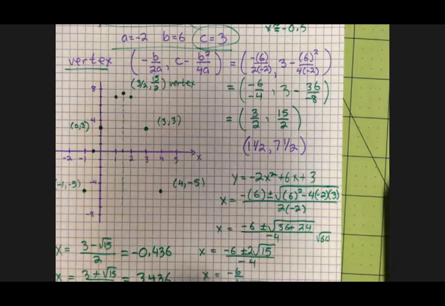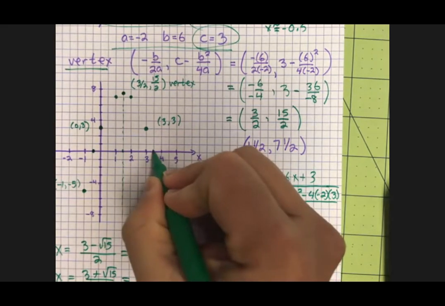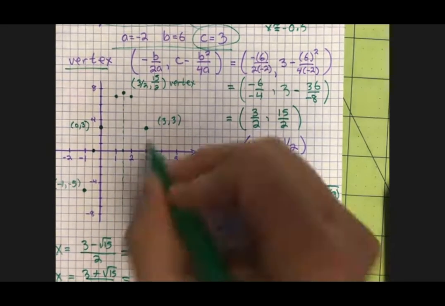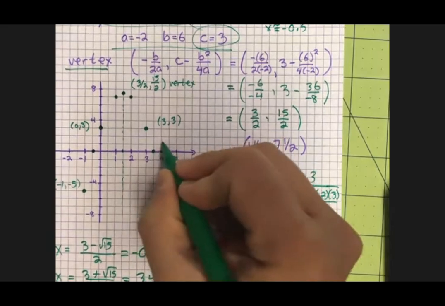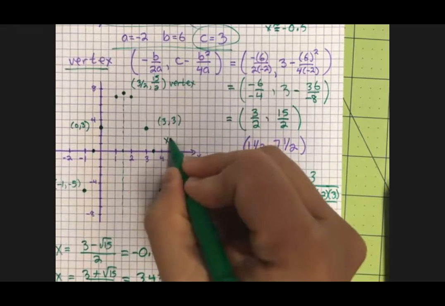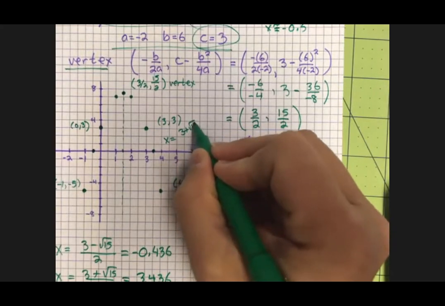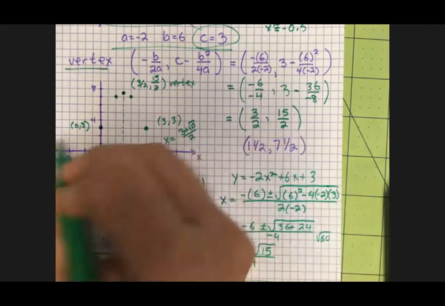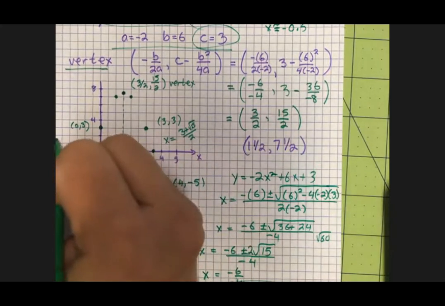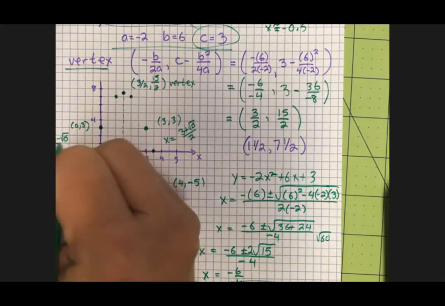I can put this dot just shy of 3.5. Darn close to 3.5. And these are solutions to that quadratic equation. 3 plus root 15 over 2 and 3 minus root 15 over 2.